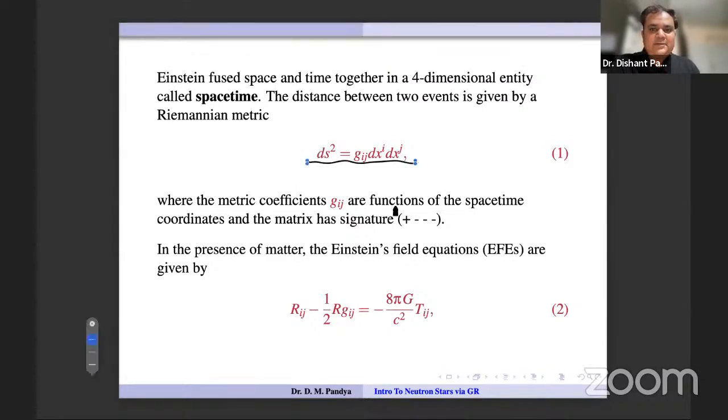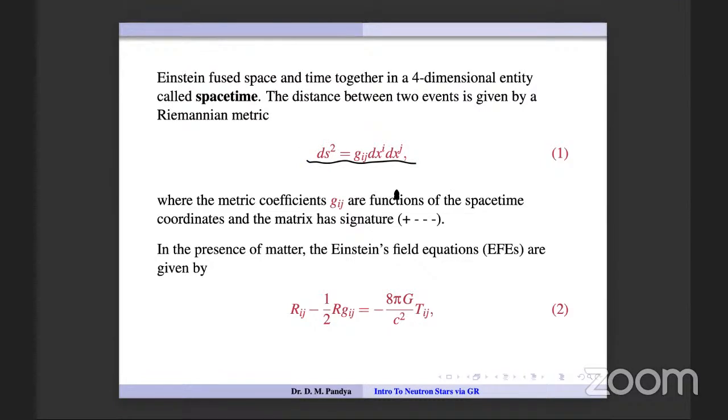Sagar has also introduced you to four-vectors, and based upon that notion, you can have an idea of the distance between two vectors. So once you go with this, you will have the metric defined by equation number 1.